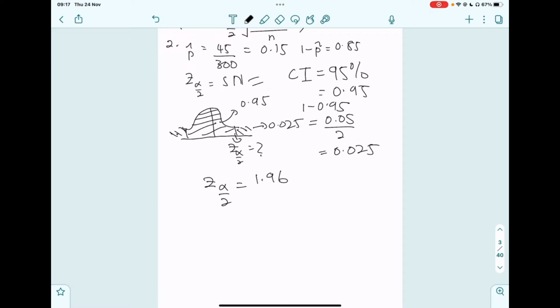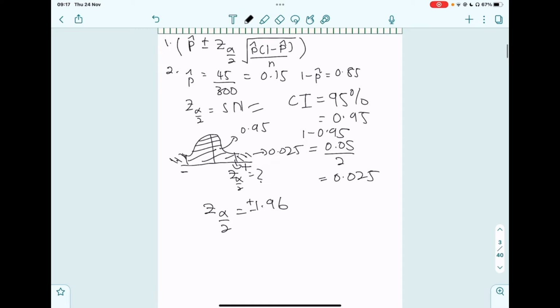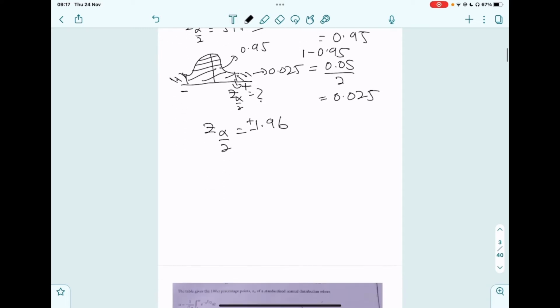But remember, we are doing it plus and minus because we have two intervals. Here is negative, right here is positive. Then we just proceed to the formula and plug in all the information. So proportion P is 0.15.